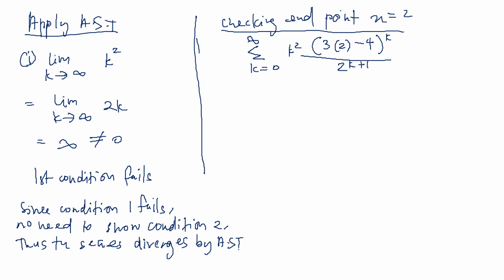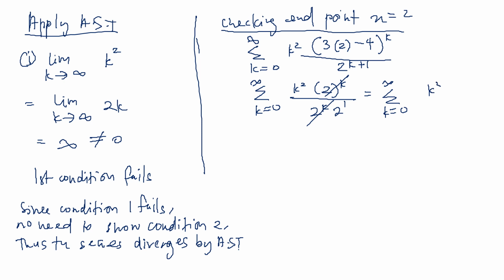You will get the series from k equals 0 until infinity of k squared times 2, this one, 6 minus 4, 2. 2 to the power of k over 2 to the power of k and then 2 to the power of 1. So this one you can cancel out. You will get the series from k equals 0 to infinity of k squared over 2, or you can rewrite it as 1 over 2 times the series from k equals 0 until infinity of k squared.